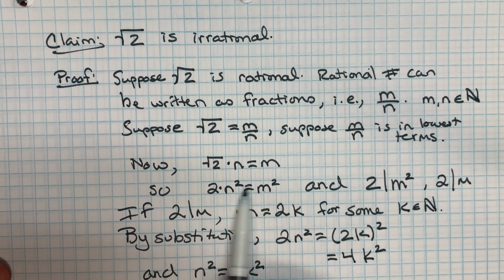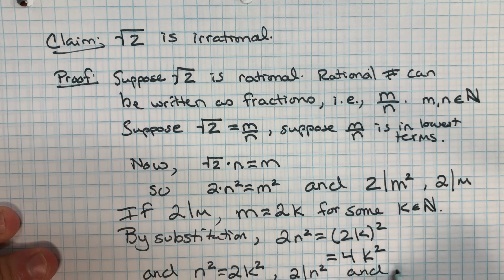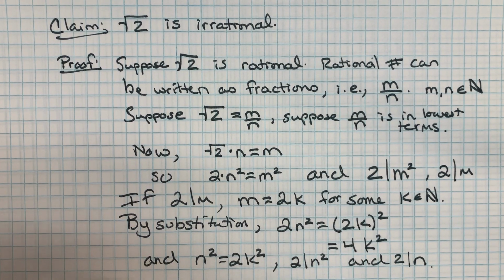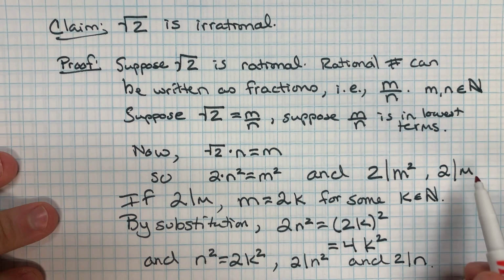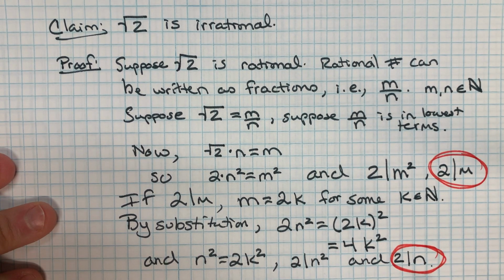But what do we say that means? Well, that means that 2 divides n squared, and 2 divides n. And now I say that means we have a problem. We said that 2 divides m and 2 divides n.